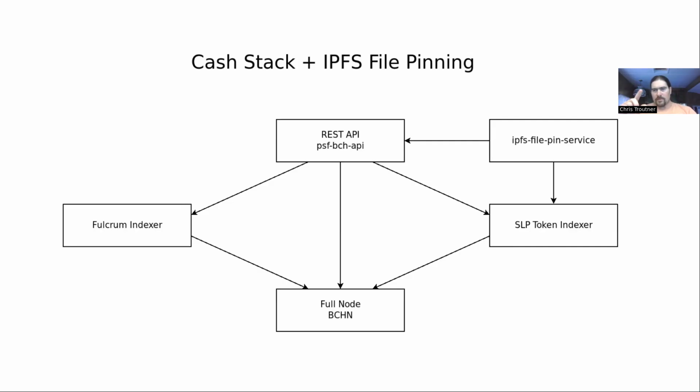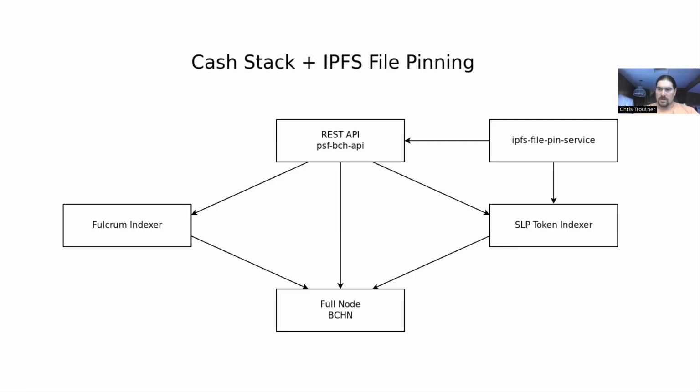And then IPFS file pin service will evaluate that pin claim, which is a proof of purchase to store a file for a year. That's what a pin claim is, and it will use its connection to PSF BCH API to validate that pin claim.